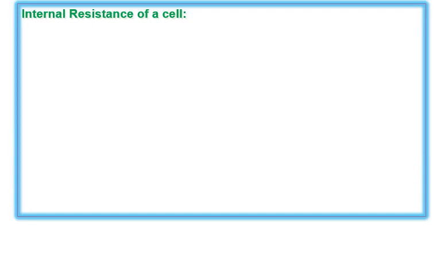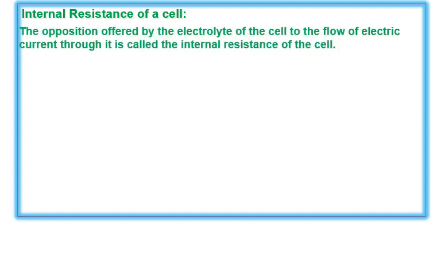Internal resistance of a cell is the resistance offered by the electrolyte of a cell to the flow of current between its electrodes.